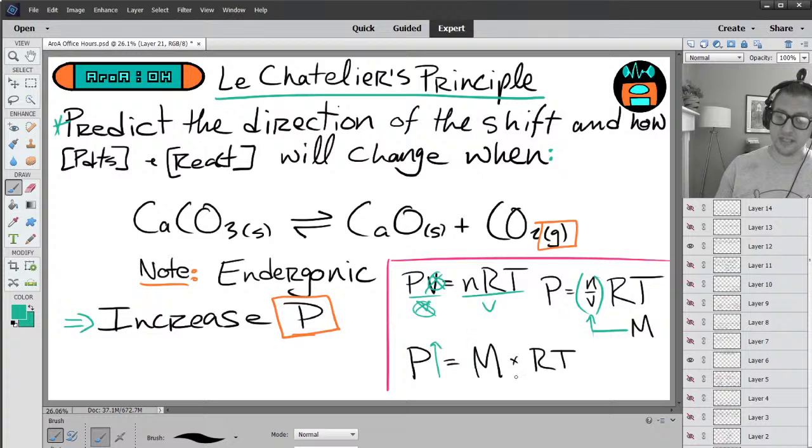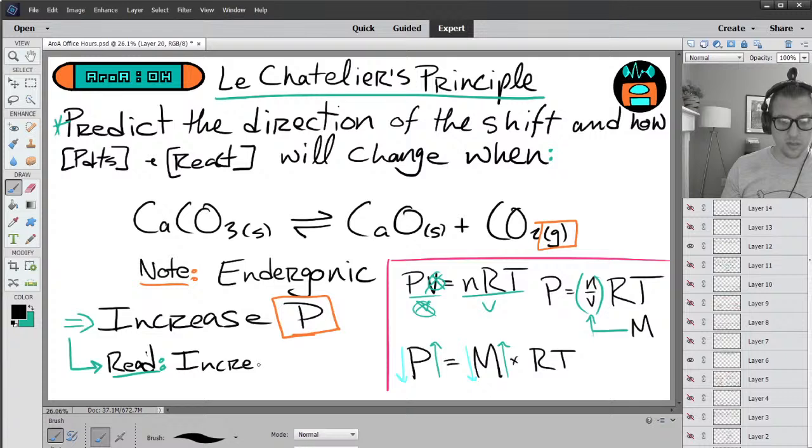And notice that pressure and molarity are directly proportional. If pressure increases, molarity increases. If pressure decreases, molarity decreases. So when you see an increase in pressure, you should read this as an increase in the molarity, which is concentration, right?